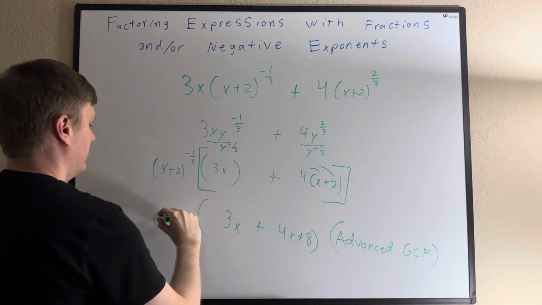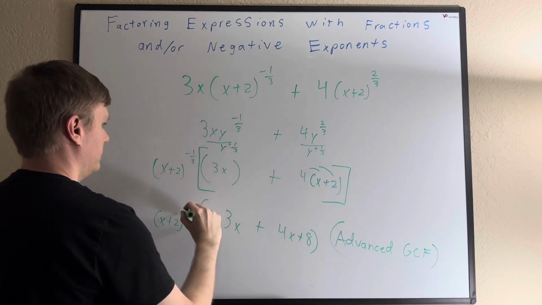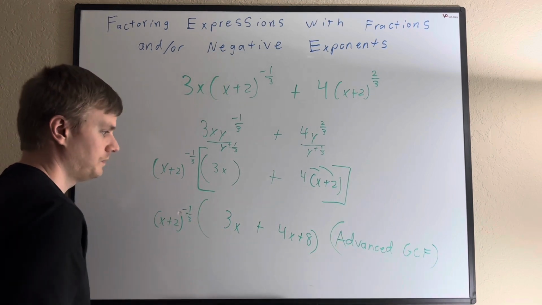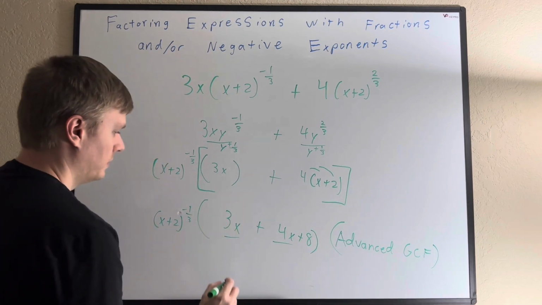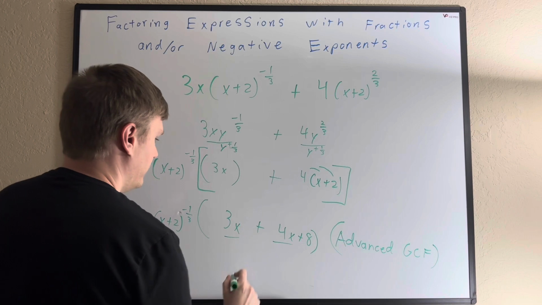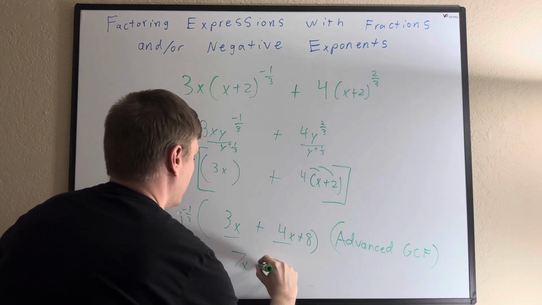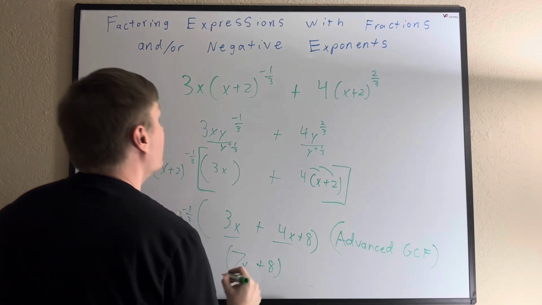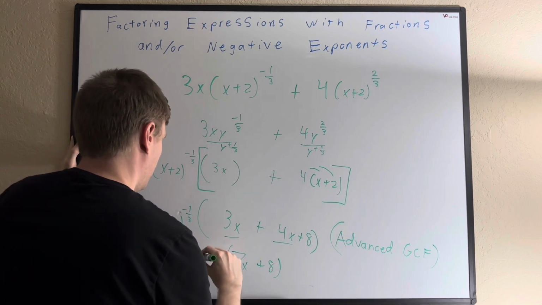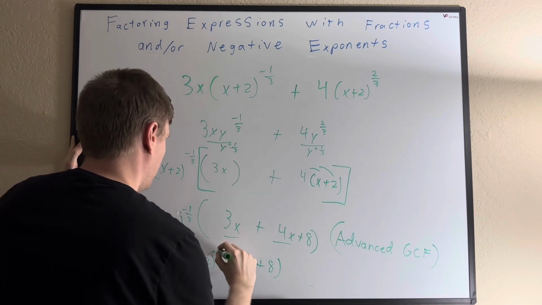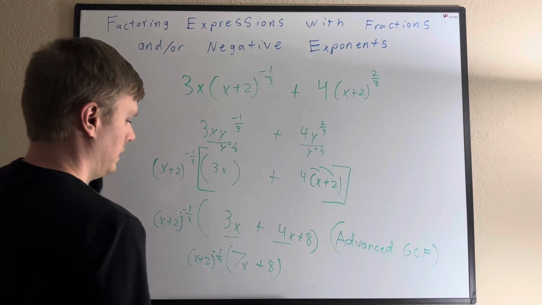And that is all being multiplied by x plus 2 to the negative 1/3. And we can simplify this down a little more. 3 plus 4 is 7. And there's your answer.